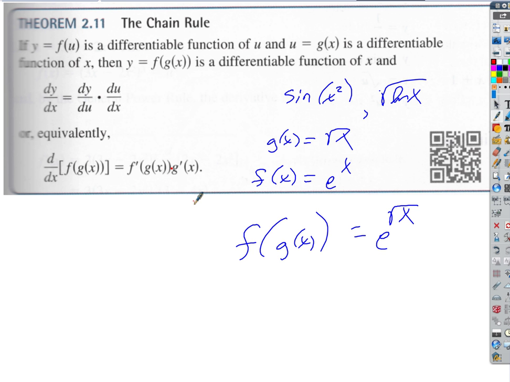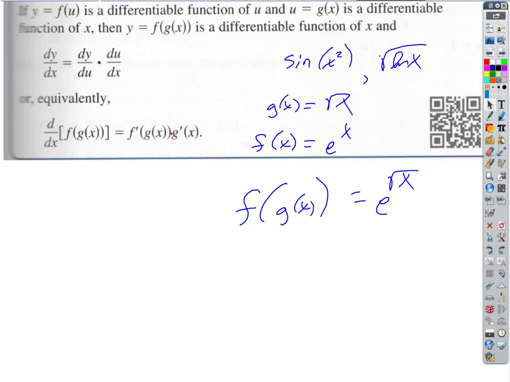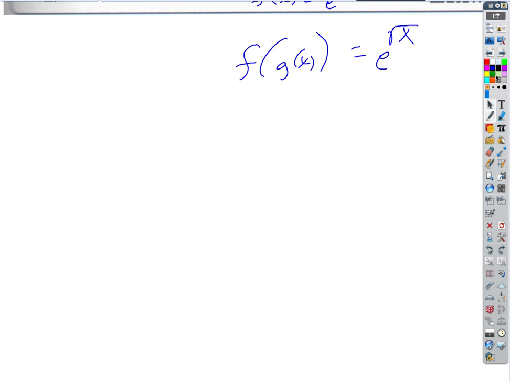Okay, there's an easier way to write this. That looks complicated visually when you write that, and so you have to be very careful with this. This is how we do it in math, seriously. Instead of writing f of g of x, we write it as f of u. That's f of u.